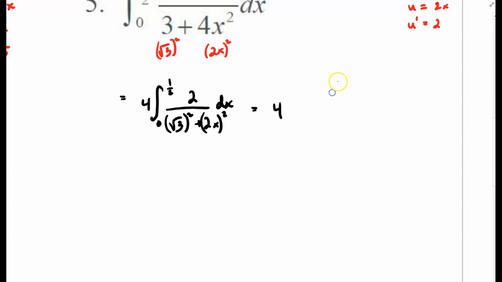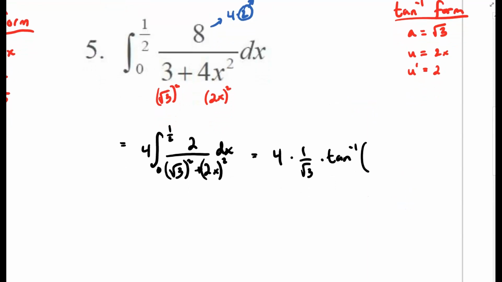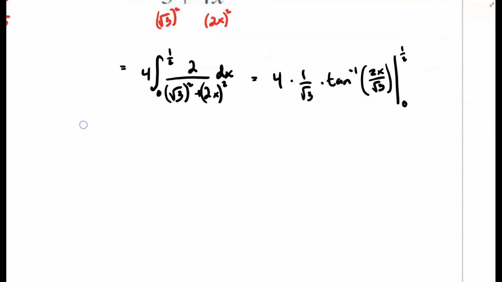Okay, so I'm going to go ahead and integrate this. So this is equal to 4 times, actually, I have a value, so I gotta include that. 1 over a, which is square root of 3, times tan inverse of u over a. So that is 2x over square root of 3. Okay, and I'm integrating from 0 to 1/2. All right, so let's go ahead and evaluate.